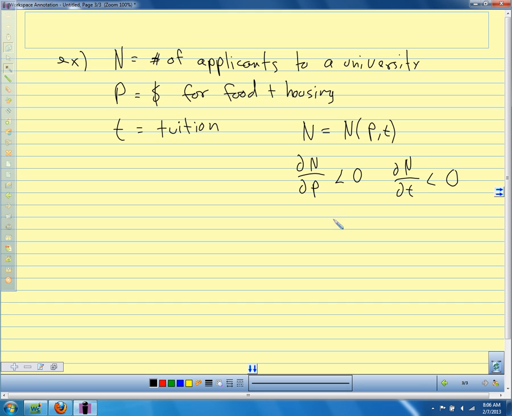Less applicants, right? Because the partials are less than 0. So as the tuition goes up, we have less applicants because the derivative is negative. And as the cost for food and housing goes up, our derivative is negative. So this tells us that less people apply when the cost goes up.